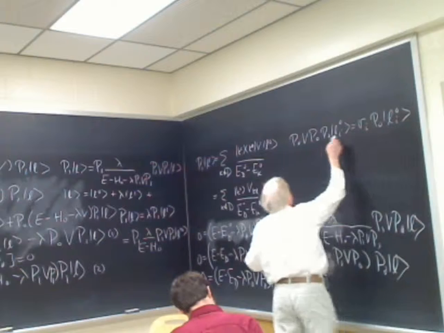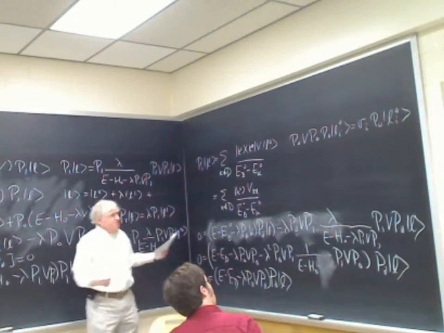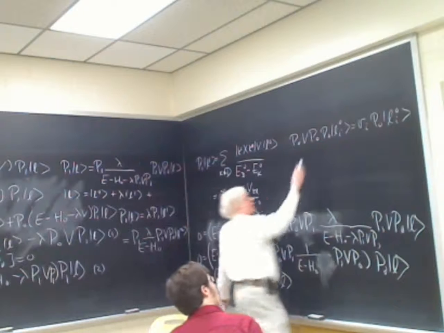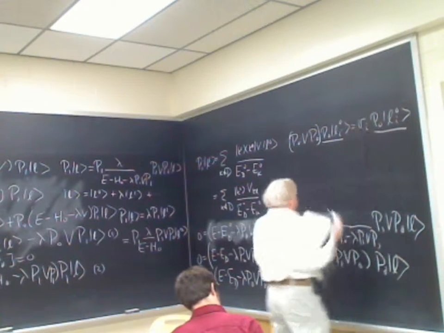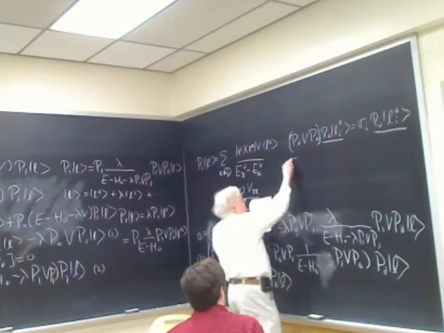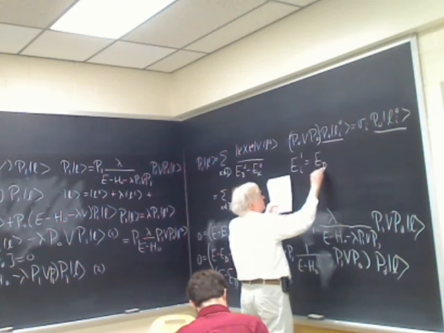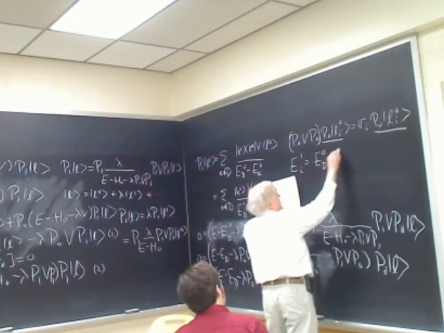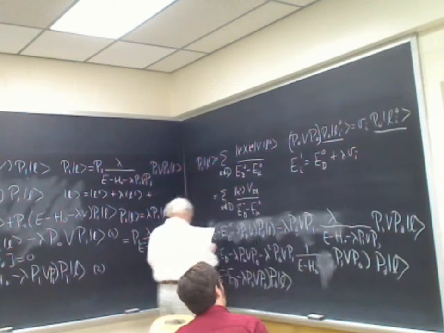So these are these eigenvectors that we were finding on Monday for the degenerate state. In other words, this is the square matrix. This is the eigenvector. That's the eigenvalue. Then these eigenvalues E1 are ED0 plus lambda VI to first order.